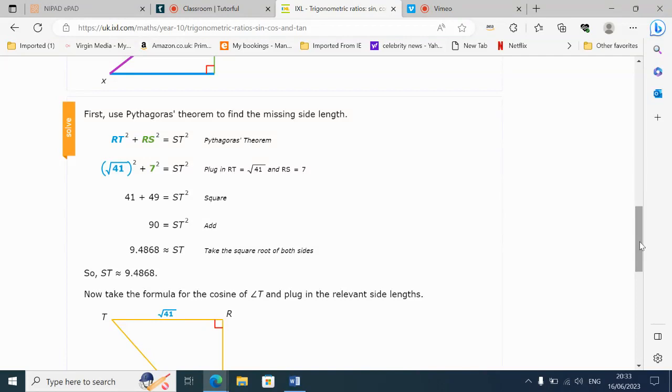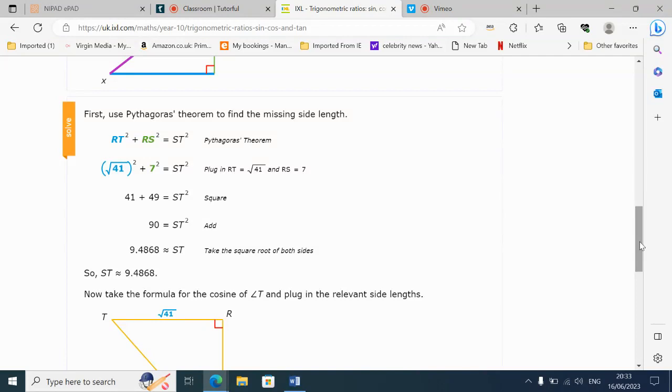Okay, and tell me when you want me to scroll down further. So 9.4868.